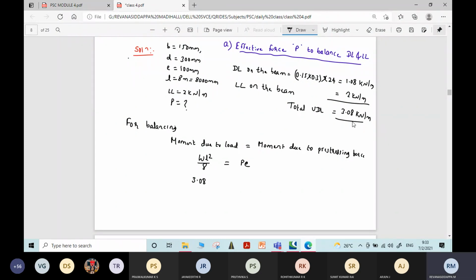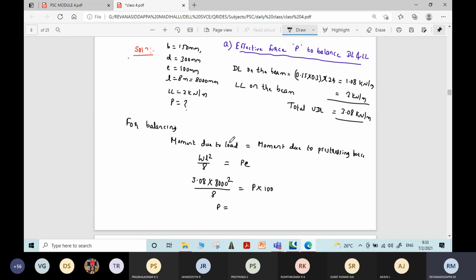If you convert this to Newton per mm, it will be 3.08 Newton per mm only, into L square, 8000 square divided by 8, is equal to P into eccentricity, 100. By this we will get the pre-stressing force required to balance the dead load and the live load.